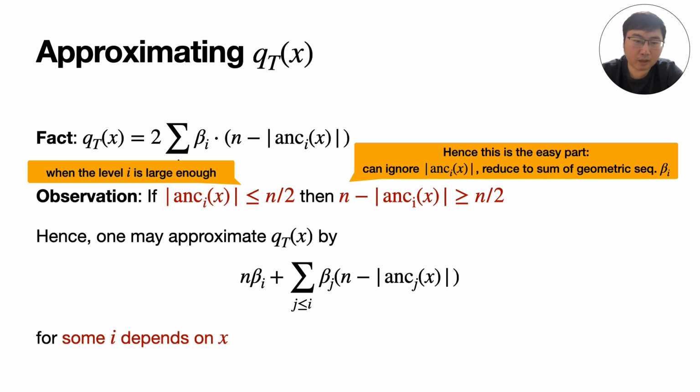Hence, for every x, there is some critical level i such that the contribution from levels larger than i can be easily approximated as n times beta i. And this is only a constant factor to the true value. But the remaining part must be the same.